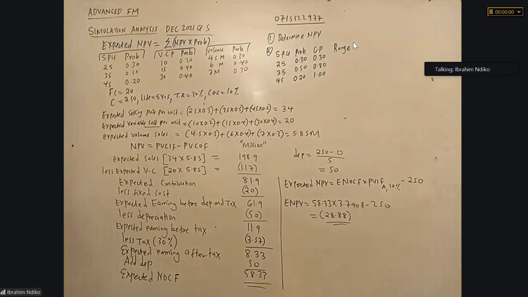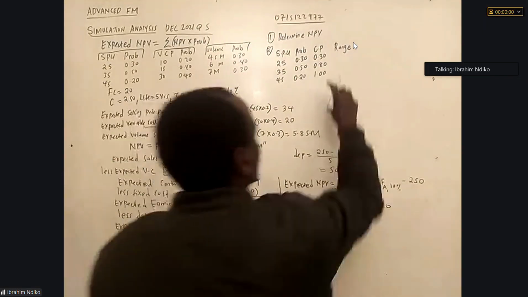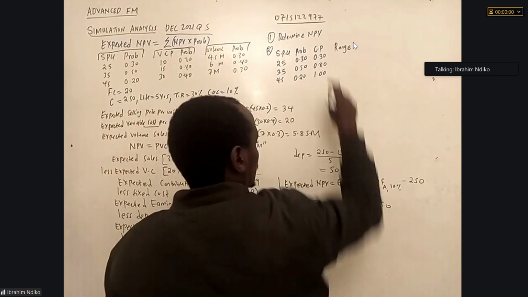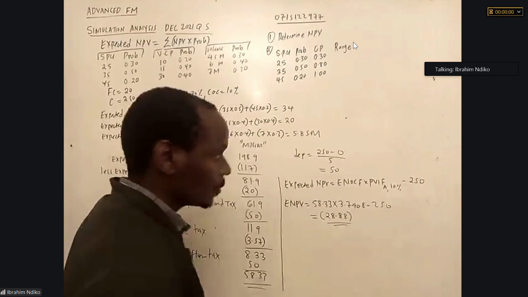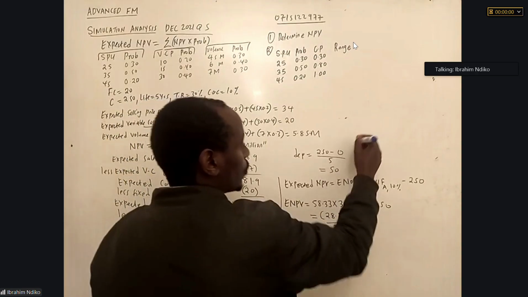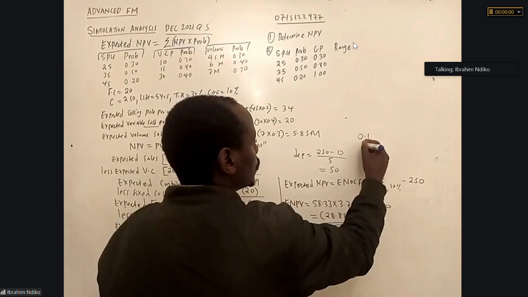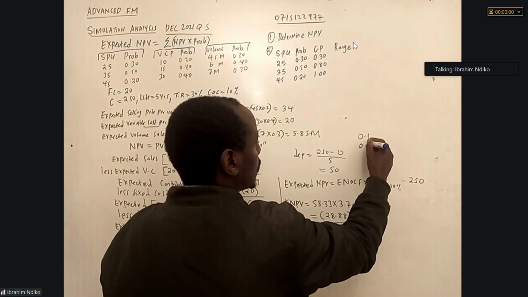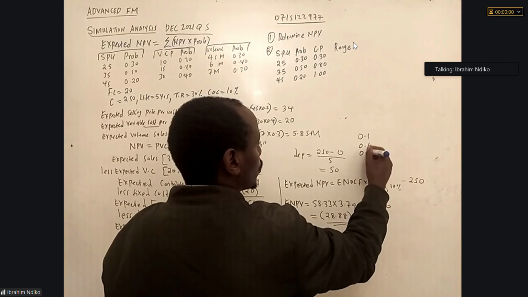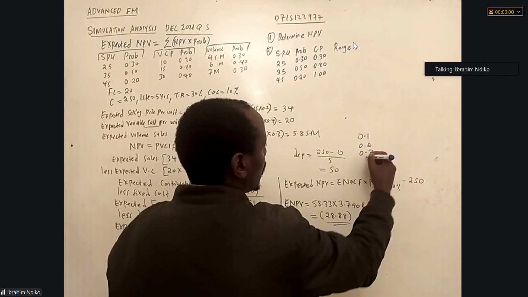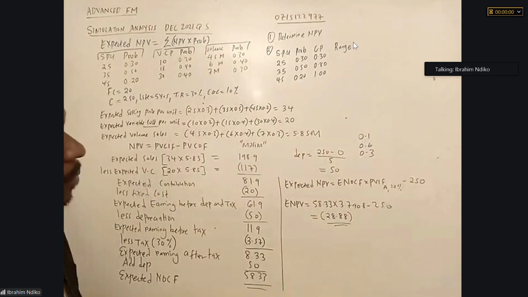Then the range. Now this is what you need to know. Unaanza swali yako kupatia probability ikiwa 0.1, 0.6, then 0.3. Unatumia ikiwa hivyo.